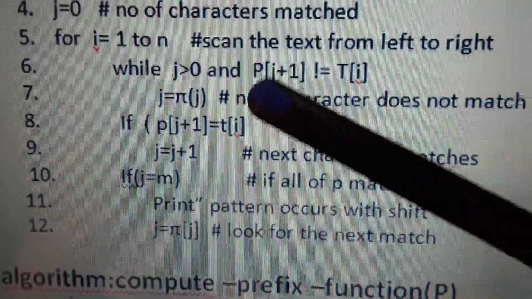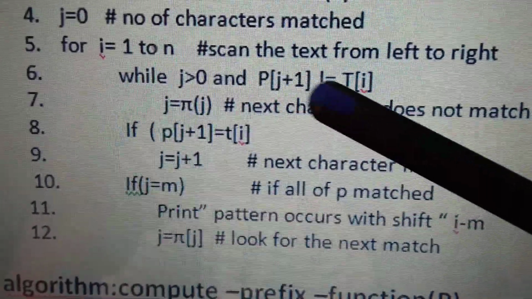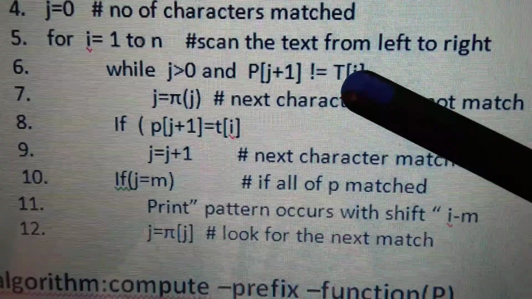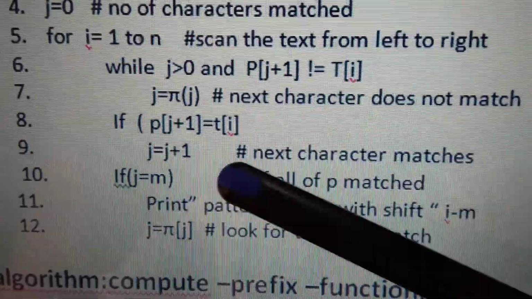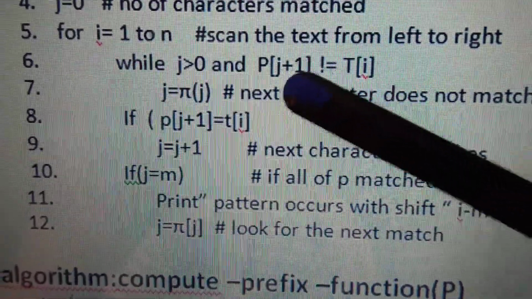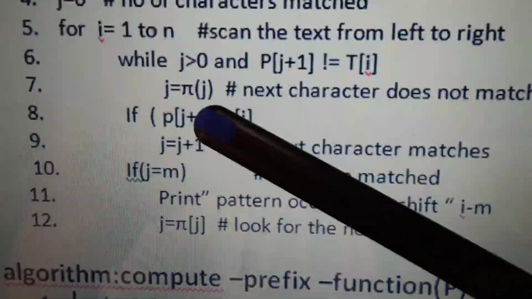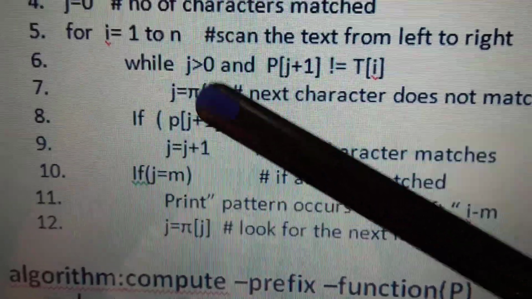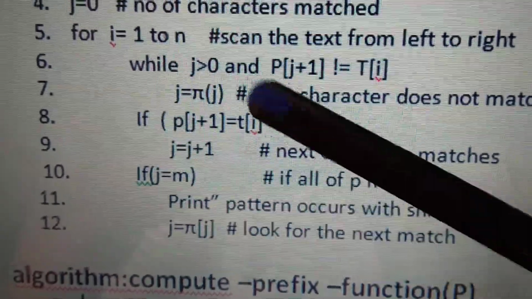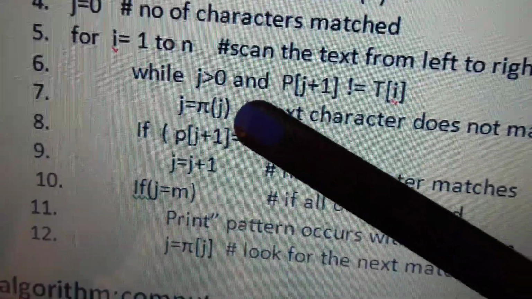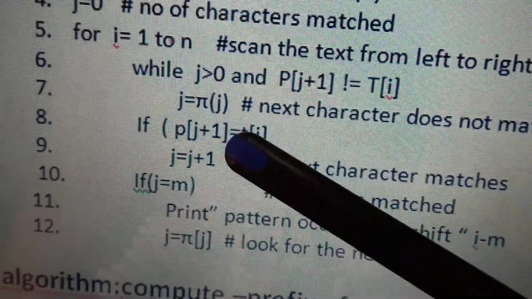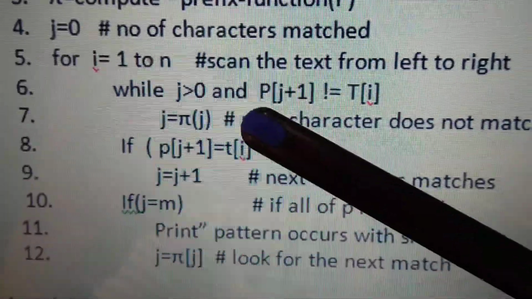In the other case, the pattern character does not match the text character. At that time we should not increment the j value. Instead of incrementing j, move j backward to the pi value of that character. These two statements set the jth position in the pattern.